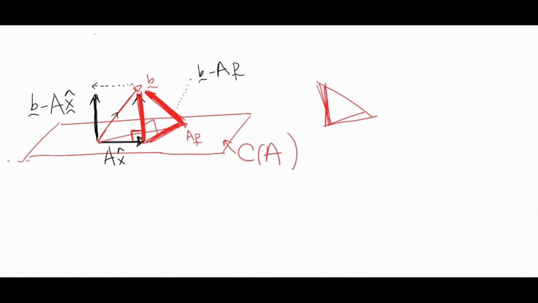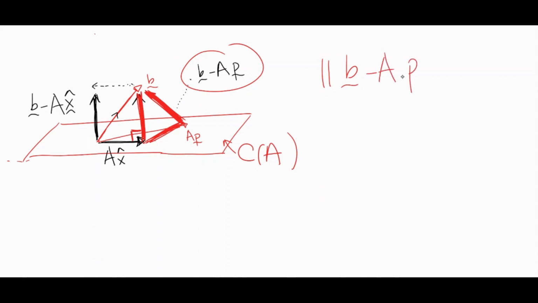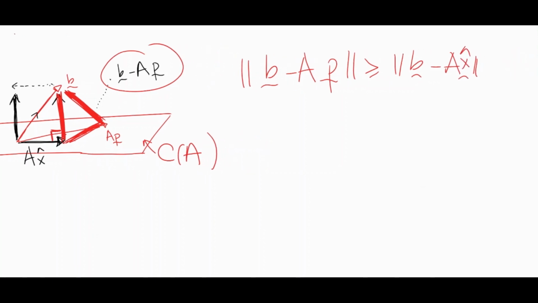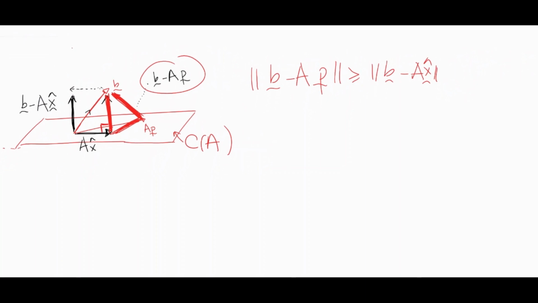Just by inspecting, you can see that B minus AP in terms of length is definitely greater than the length right here, which is B minus AX hat. So B minus AP seems to be always greater than B minus AX hat, from the way we drew them.